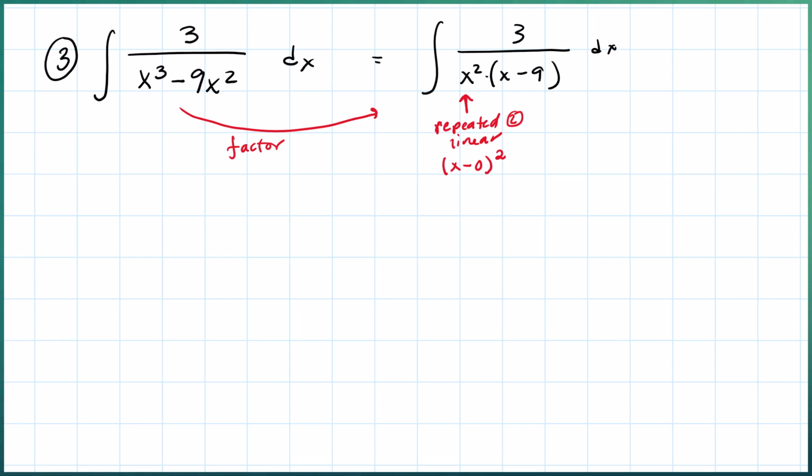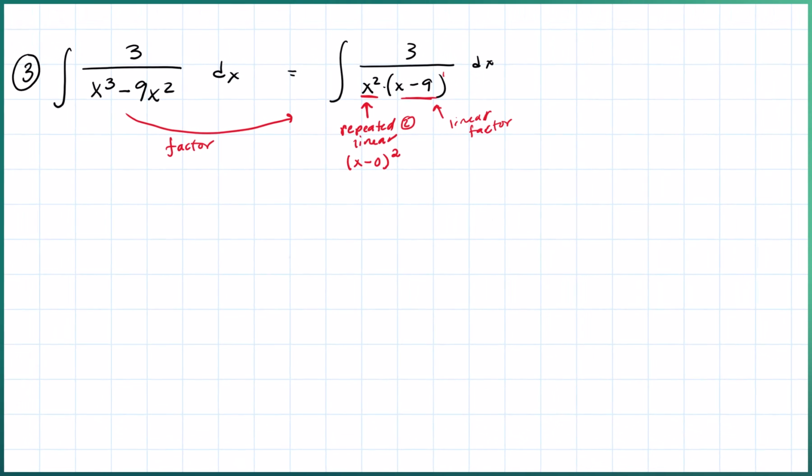When we put a power on it, then it's a repeated linear factor. So this is a repeated linear factor, and this is just a single linear factor, not repeated. So we have two unique linear factors, and one of them is repeated.